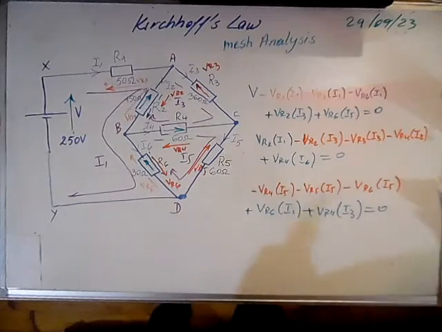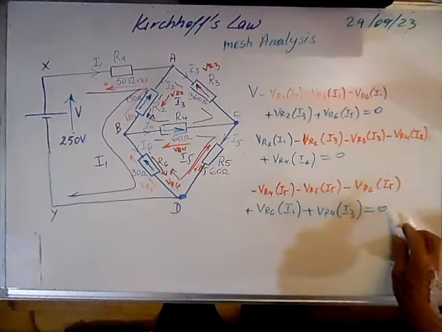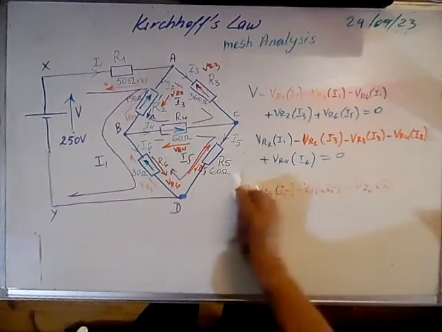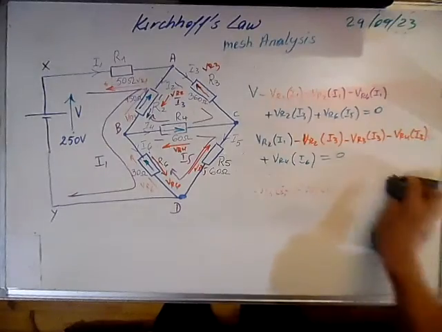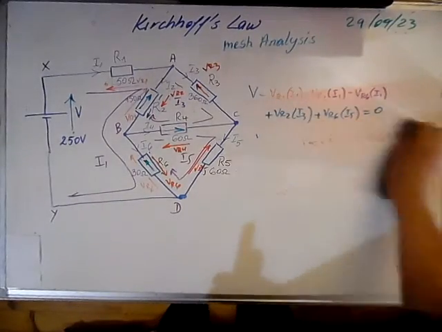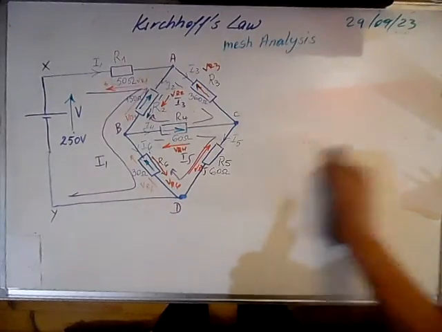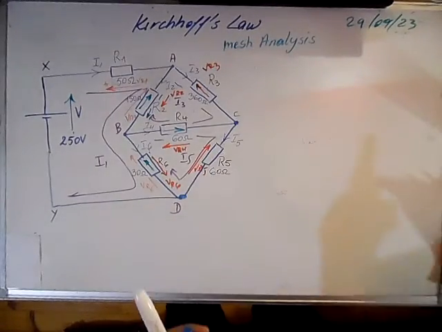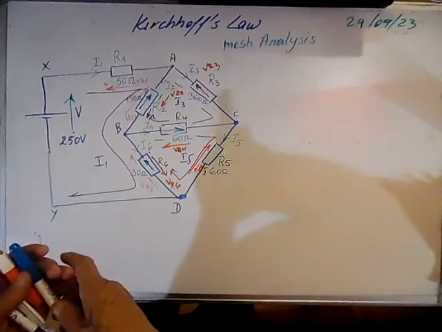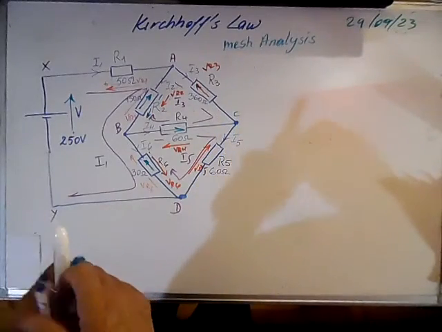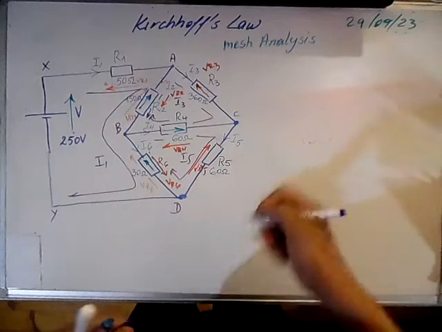So let's now write them differently. So I can write them here again. So we will have 3 equations and 3 unknowns that we can solve. So we can write it like this.